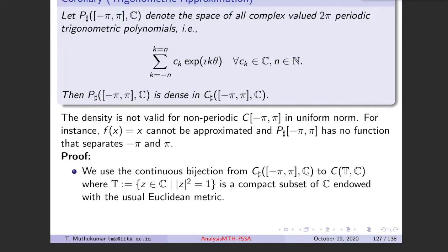So every 2 pi periodic continuous function can be seen as a continuous function on the unit circle. So here there is no periodicity because it's taken care of, right? So every 2 pi periodic complex valued function can be uniquely associated with a continuous function on the unit circle.